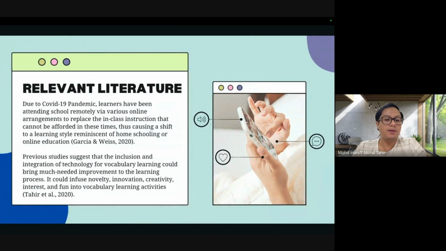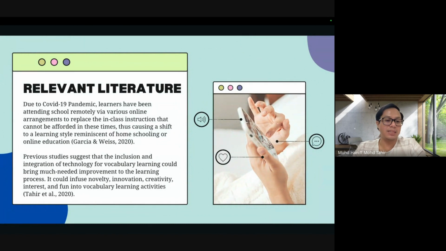Based on the relevant literature related to the study, due to the COVID-19 pandemic, learners have been attending school remotely via various online arrangements to replace the in-class instruction that cannot be afforded when everybody has to be at home, thus causing a shift to a learning style reminiscent of homeschooling or online education.